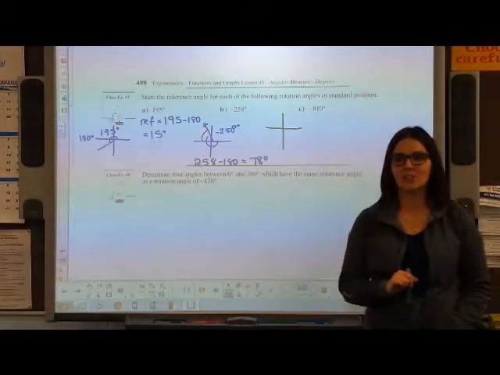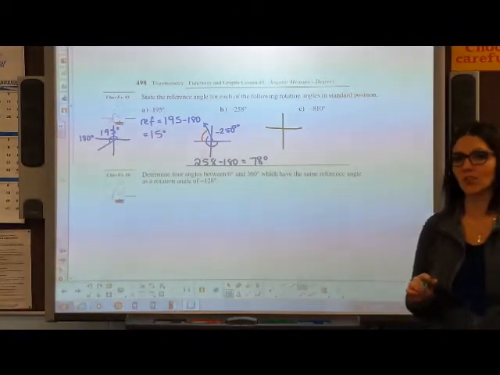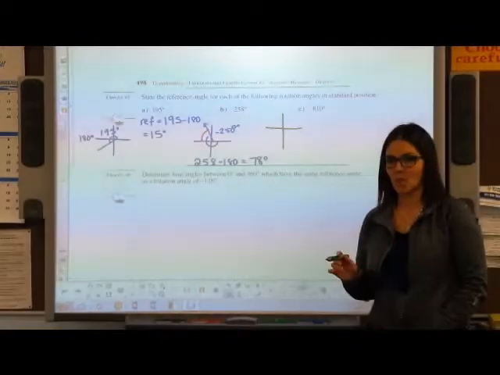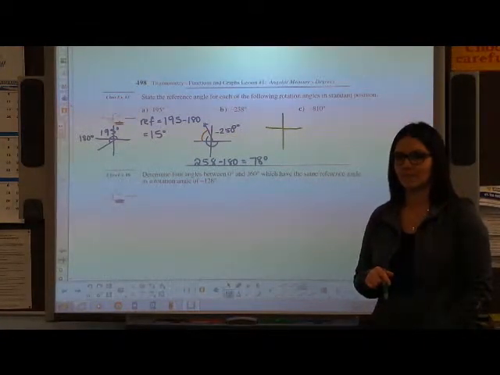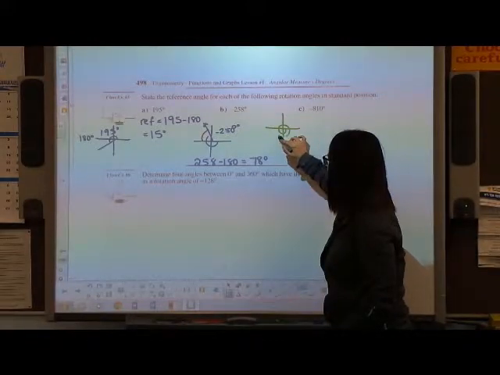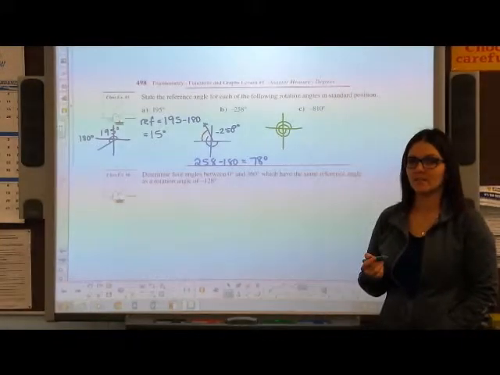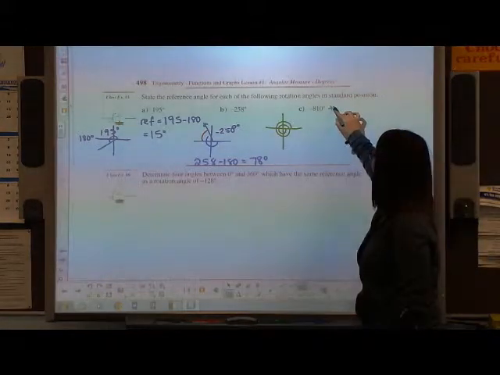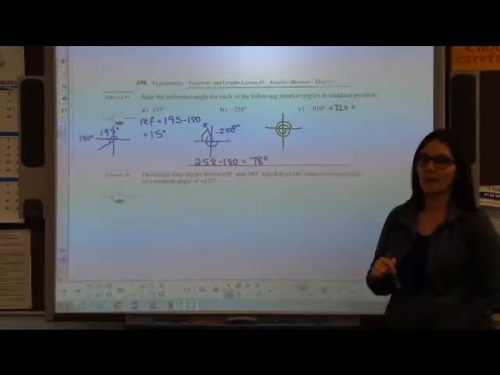Okay, the last one. Negative 810 degrees. First of all, what direction is my rotation going in? Clockwise. How many times is it going clockwise around? Twice and then a little bit. So 2 rotations is how many degrees? 720. So if I add 720 to this negative 810, what would I get?